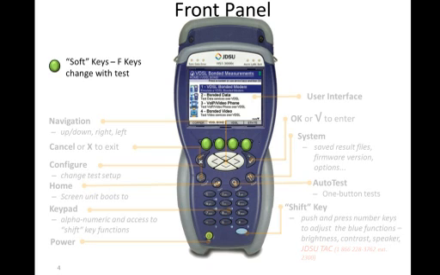There's a row of 4 buttons right underneath the bottom edge of the screen. I will refer to them as F keys, and I will count them left to right, F1, F2, F3, and F4. JDSU refers to them as soft keys. The reason for that is the keys themselves line up with tabs at the bottom of the screen.